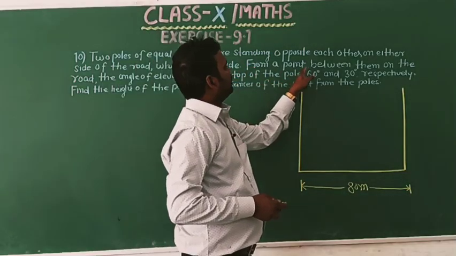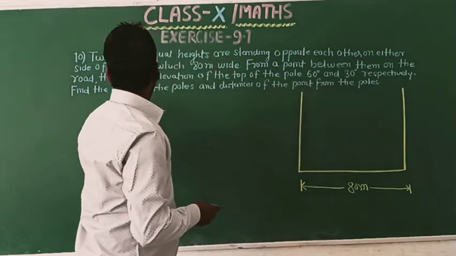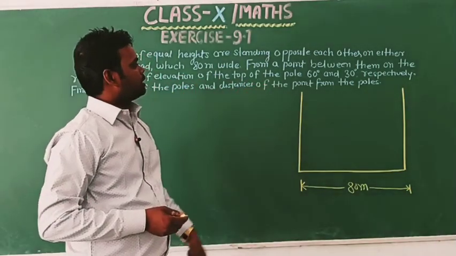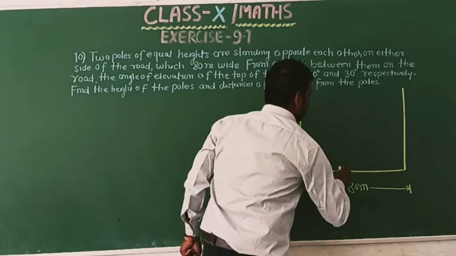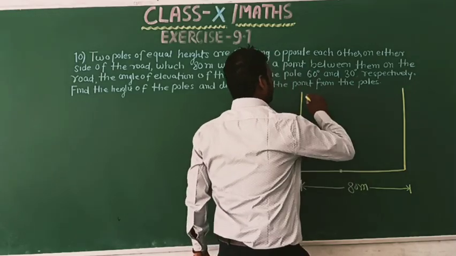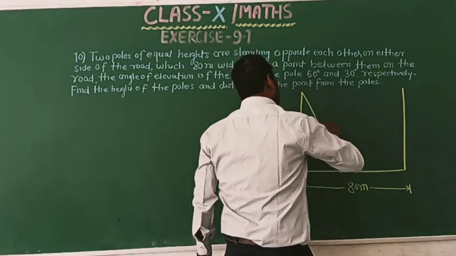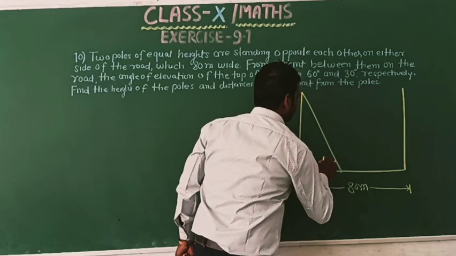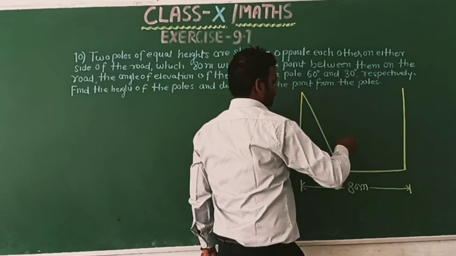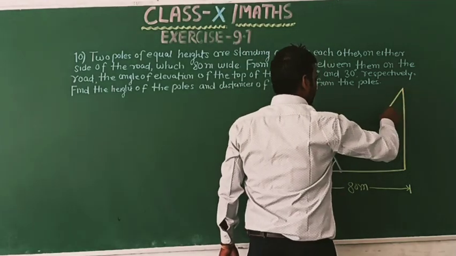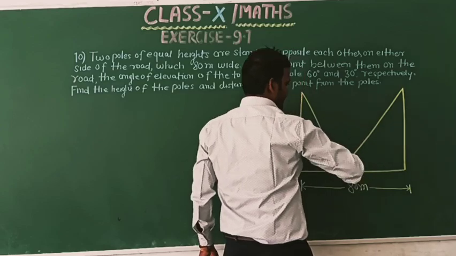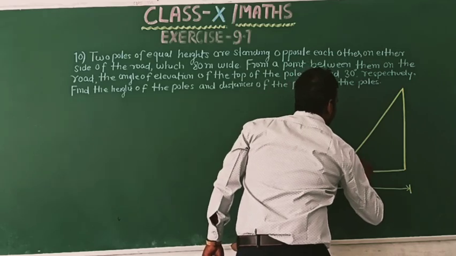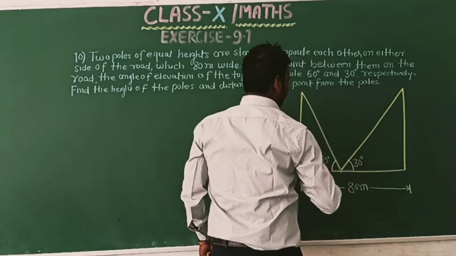From a point between them on the road, the angle of elevation of the top of the poles is 60 and 30. So suppose this is the point on the road, the angle of elevation of the top of the pole is 60 degree, and the angle of elevation of the second pole from the same point is 30 degree.